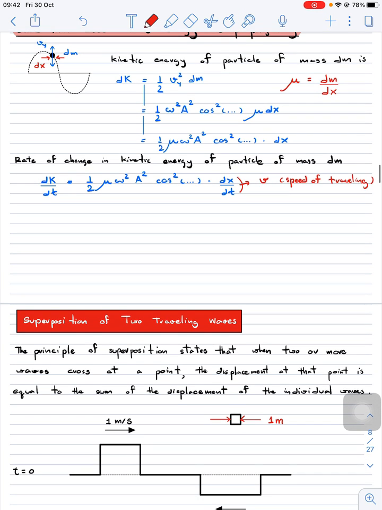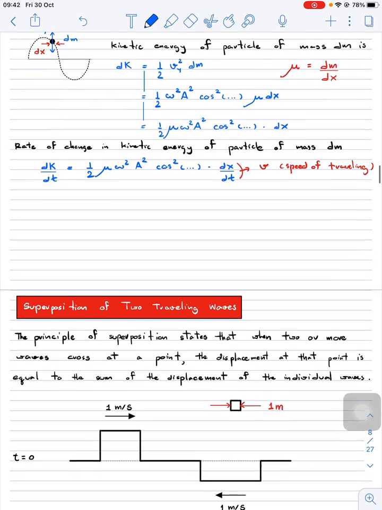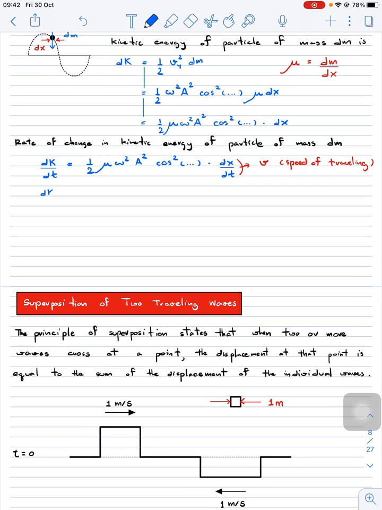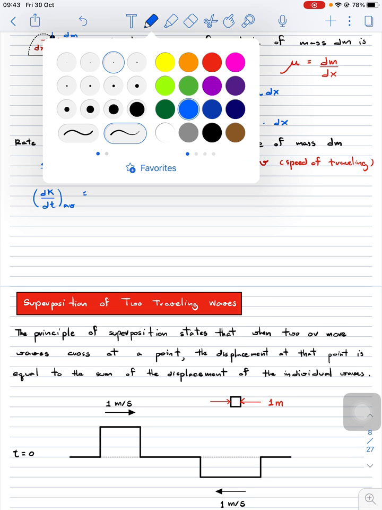Then if we want to find the average of dK by dt, in this case you can see that this is just constant, and the v here is constant as well, but this one is not constant because that depends on the x and on the t. So what is the average of the cosine square? I'm going to skip this proof, but let me put it this way.